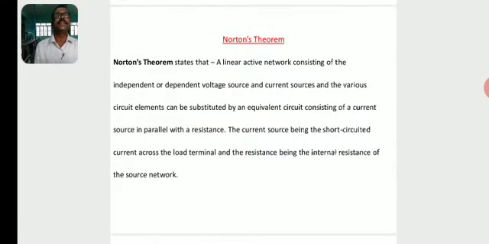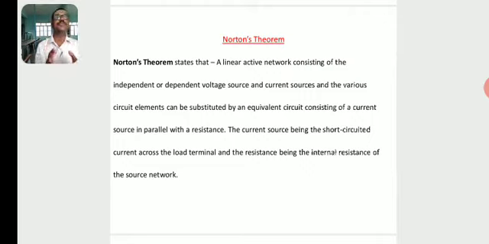Then what is the statement of Norton's theorem? It states that a linear active network consisting of independent or dependent voltage sources and current sources and various circuit elements can be substituted by an equivalent circuit consisting of a current source in parallel with a resistance.